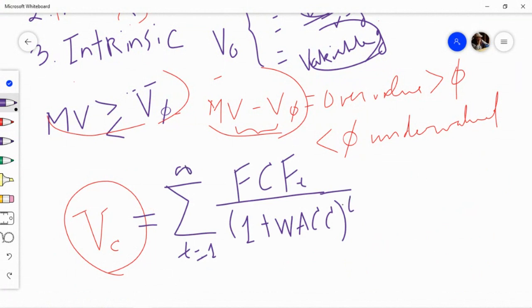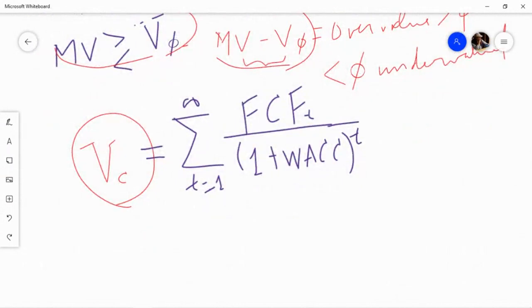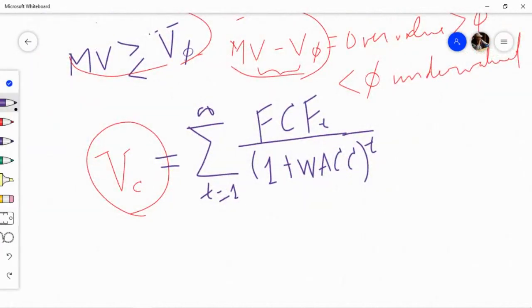And so, what is the weighted average cost of capital? The weighted average cost of capital is literally a weighted average. And we have two kinds of cost of capital, right?